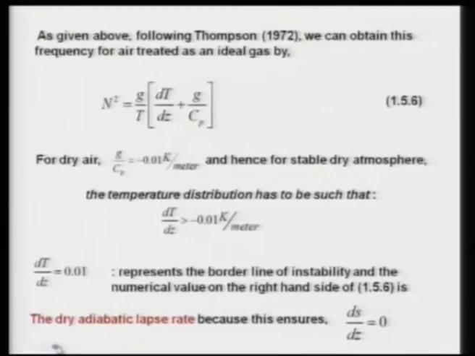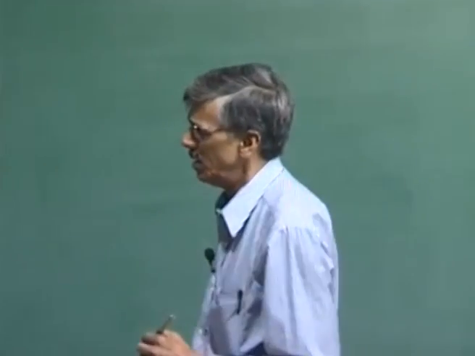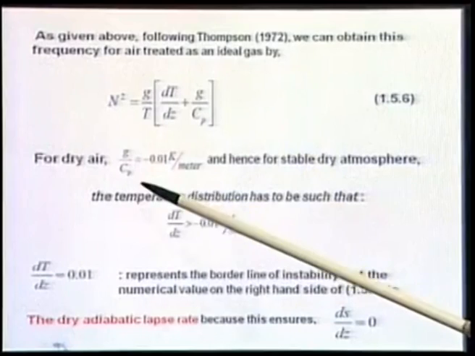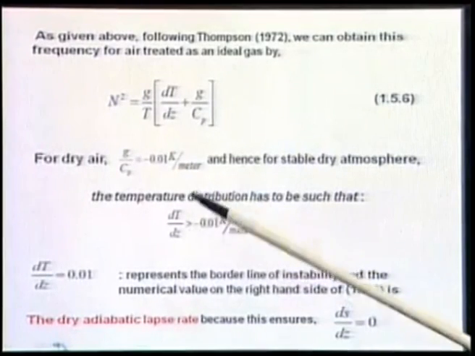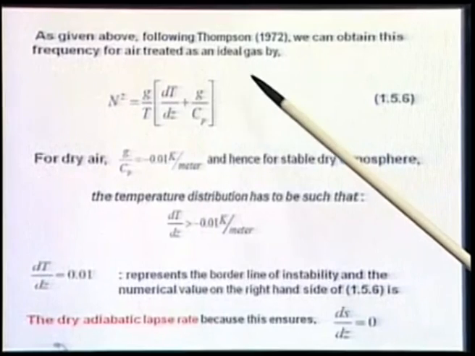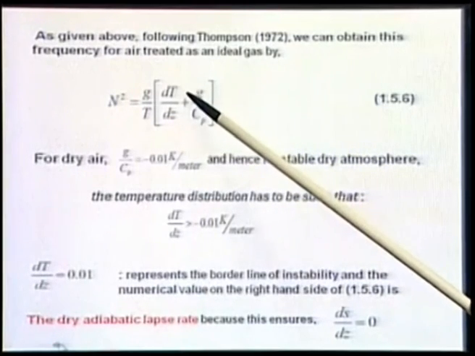Okay. So, we need to look at it a little more carefully. For dry air we know the value of Cp, and along with the value of G we can find that G by Cp works out to something like minus 0.01, and if you really want stability, then this quantity within the bracket should be positive.